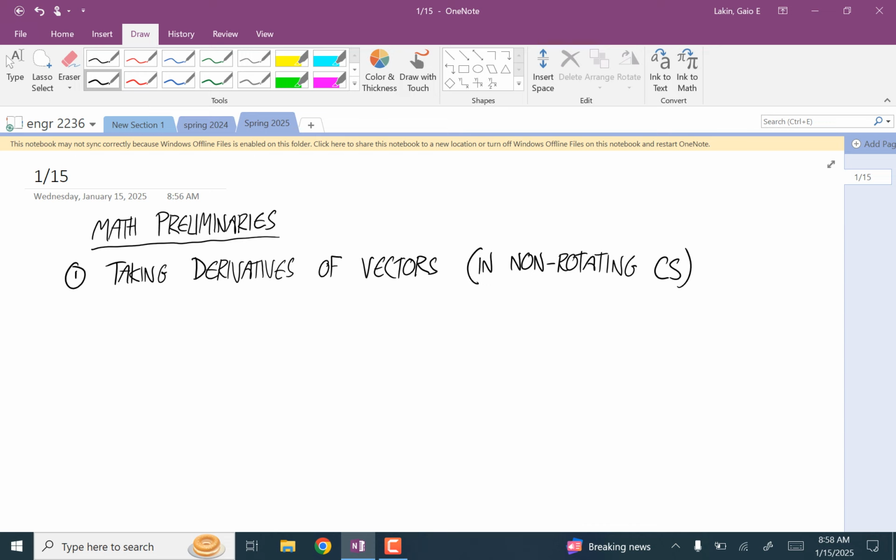And this is going to be our first glimpse at something that is going to be a big part of the class later on. Okay, so this is your first chance to sort of see what's the deal with rotating coordinate systems. Then second is using the product rule for vectors.